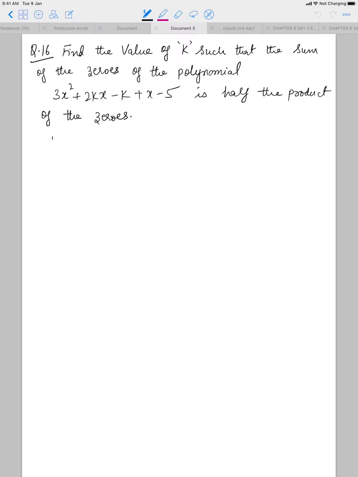Here the polynomial which is given to us, let us assume that polynomial as p(x). Let p(x) is equal to 3x square plus 2kx minus k plus x minus 5. Right now you cannot say that the polynomial is in the standard form, because it has to be in the form of, first of all, the x square term, then the term containing x. Now there are two places at which the term containing x is coming, so we will have to combine them.